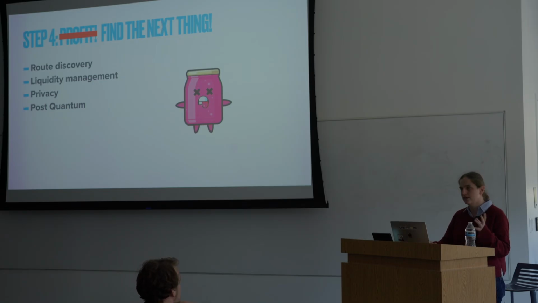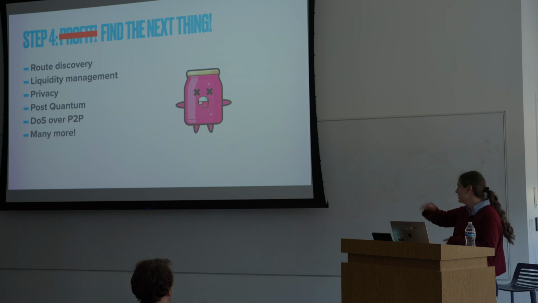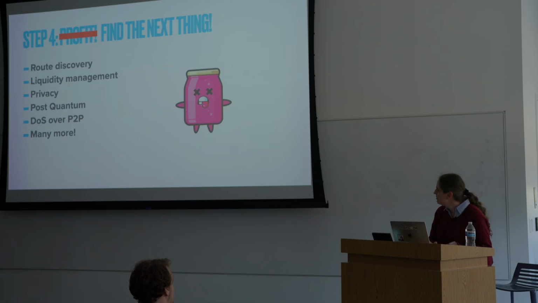There's a lot of work done there, a lot of work to be done if you're more on the cryptographic side. There are denial of service attacks over the peer-to-peer network, both on Bitcoin and on Lightning, a bunch of other things out there. The system has been around for quite a while and problems just keep occurring, so you can choose the one that you like more.